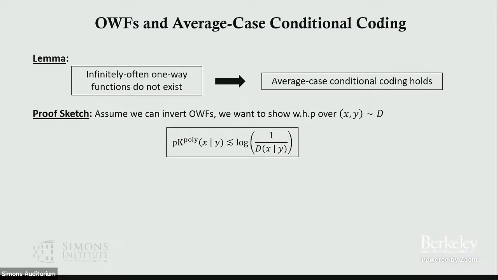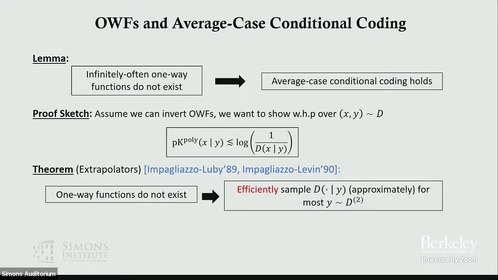is polynomial sampleable. Now, as Hanlin pointed out, things are a little bit different because we can invert one-way functions. So with this assumption, we can hope to sample the conditional distribution efficiently. In the work by Impagliazzo and Luby and by Impagliazzo and Levin, they showed something called an extrapolator under the assumption that one-way functions do not exist.